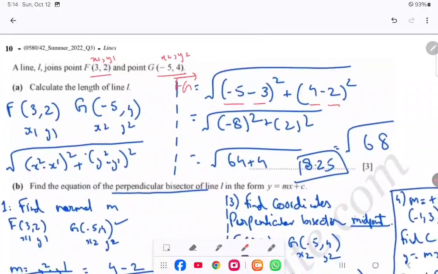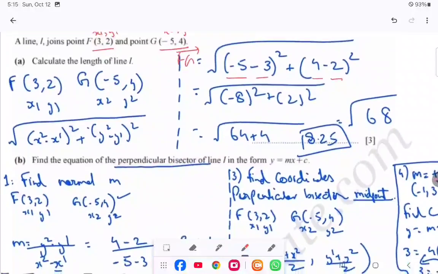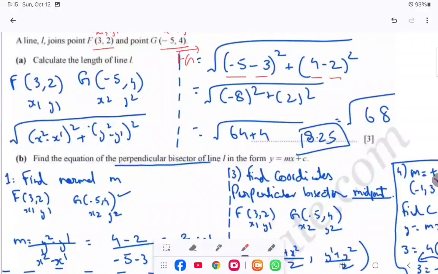When we solve it further, negative 5 minus 3 will give negative of 8, squared, plus 4 minus 2 is 2 squared. 8 squared is 64 and 2 squared is 4, which will give you the square root of 68, and this is our answer. If we take the square root, 8.25, this is our answer.